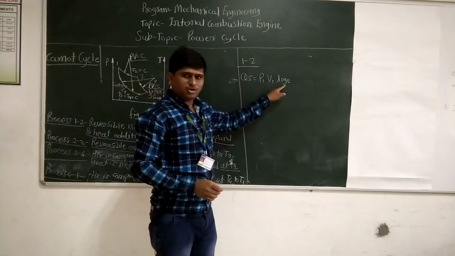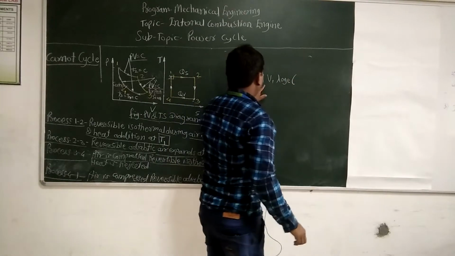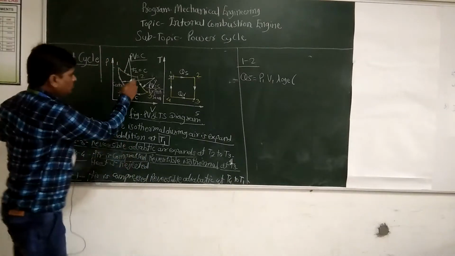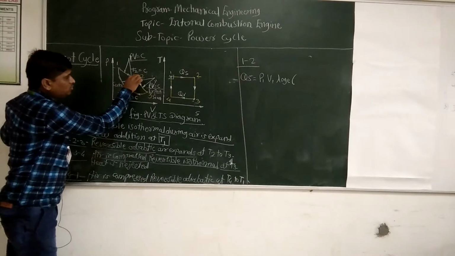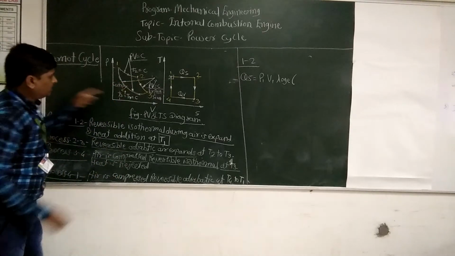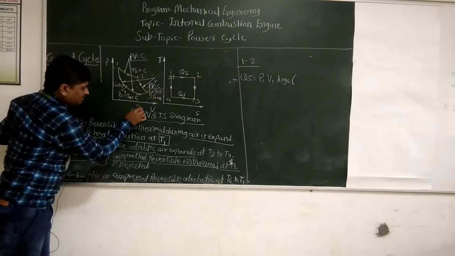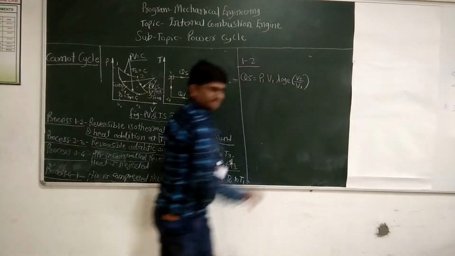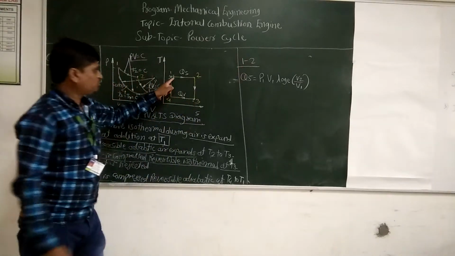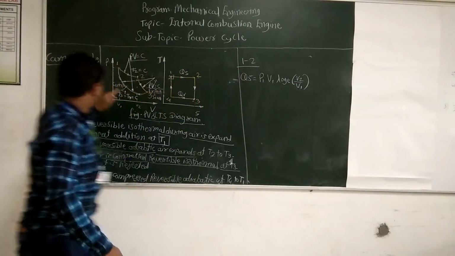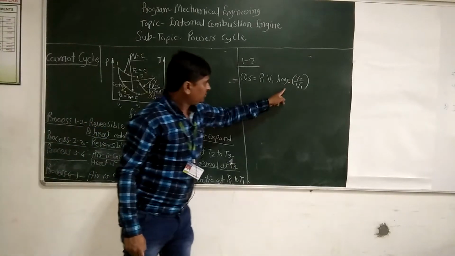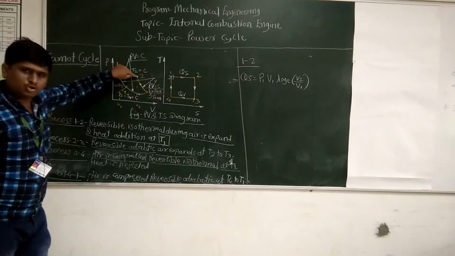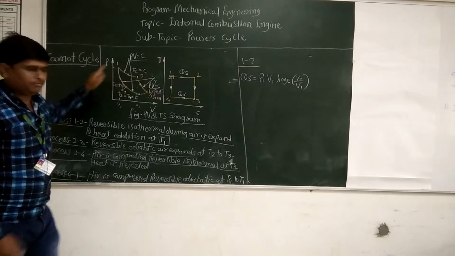So heat supplied in process 1 to 2 is P1 V1 log of e V2 upon V1, where V2 is the volume at point 2 and V1 the volume at point 1.